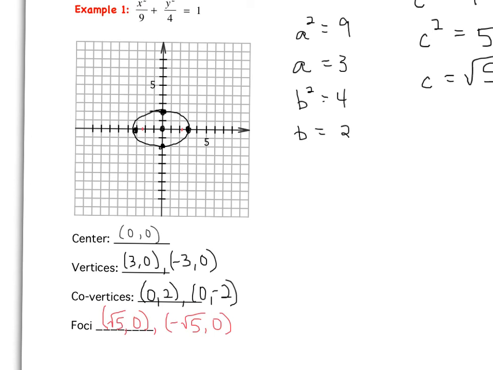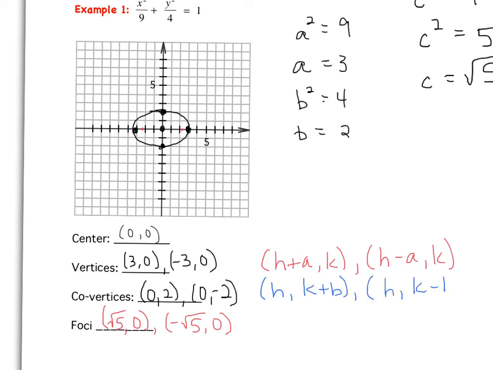Notice in general that when the larger number in the denominator is under the x squared, our vertices are at the points h plus a, comma k, and h minus a, comma k. Our co-vertices, the k value will change. So our co-vertices would be at h, k plus b and h, k minus b.